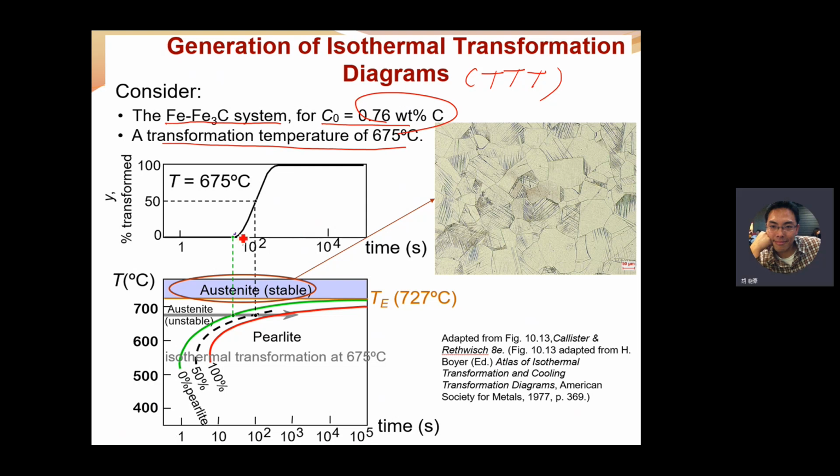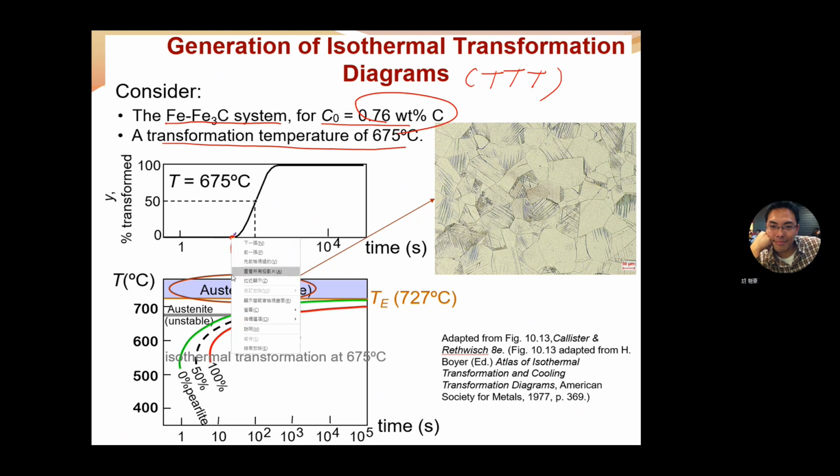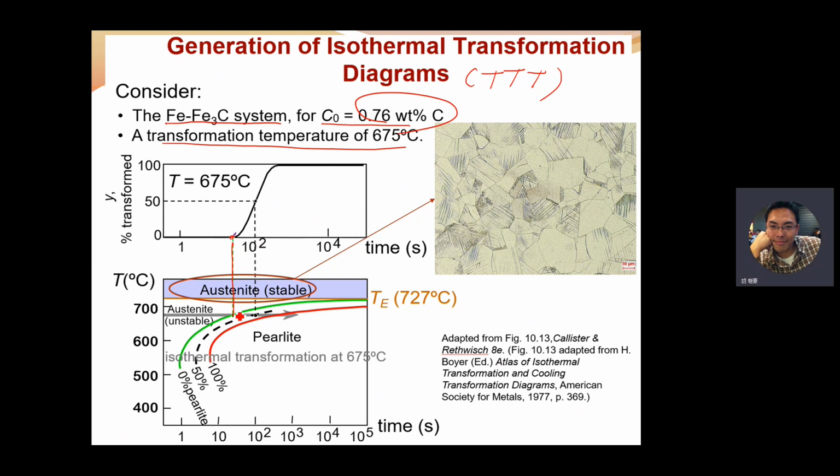Therefore we can find the initial growth time here, and the fraction here. You get the point here, and you can find the 50% of the phase transformation here, 50%, and finally the 100% transformation fraction of pearlite right here.